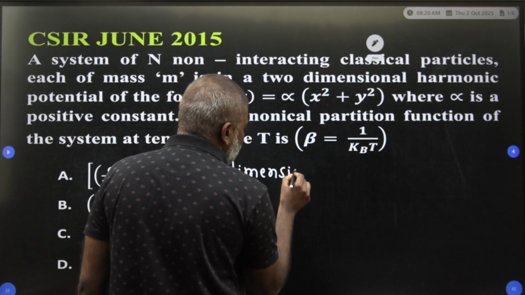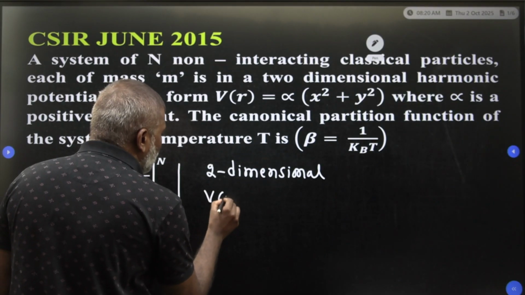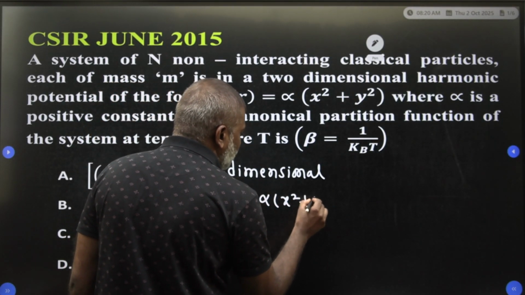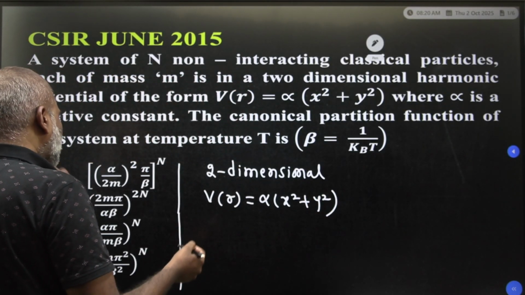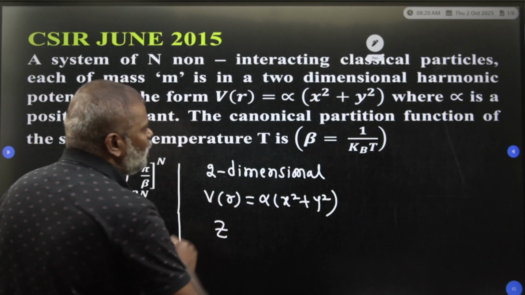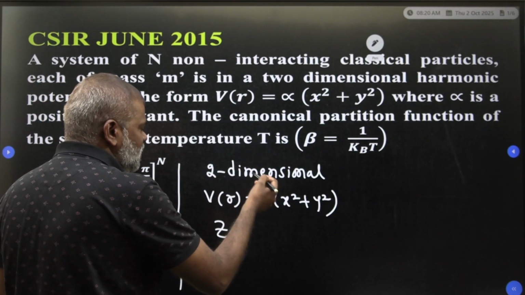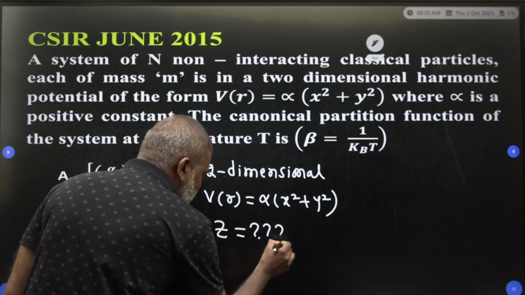So, this is a two-dimensional system, and the potential V of r is equal to alpha into x square plus y square, where alpha is a positive constant. We need to calculate the canonical partition function of the system at temperature T.